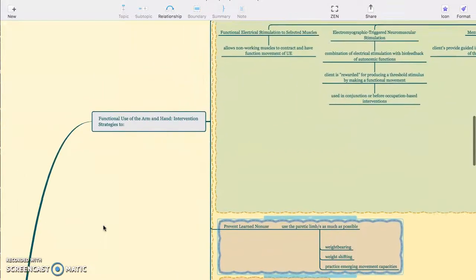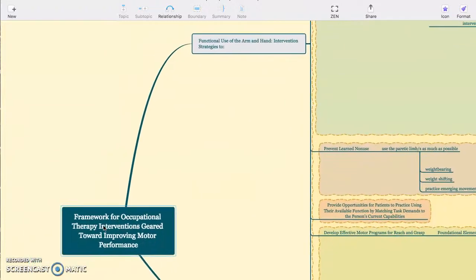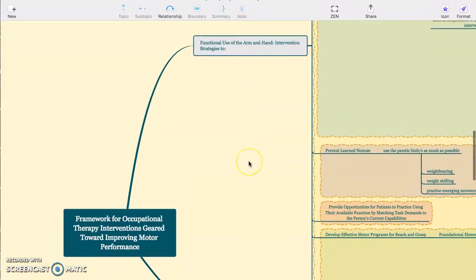The next section is the framework for occupational therapy interventions geared towards improving motor performance.